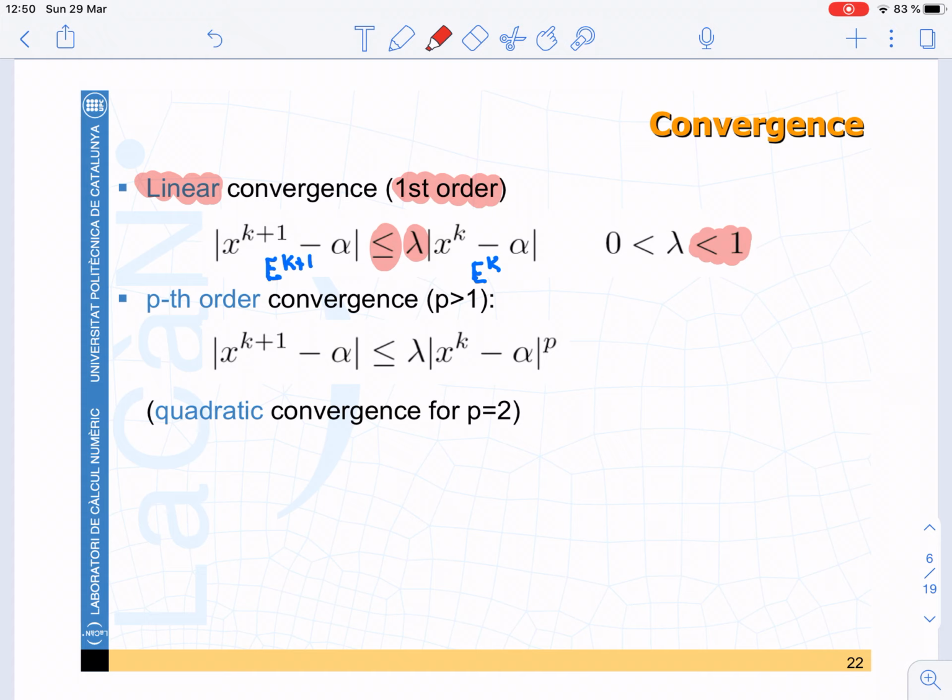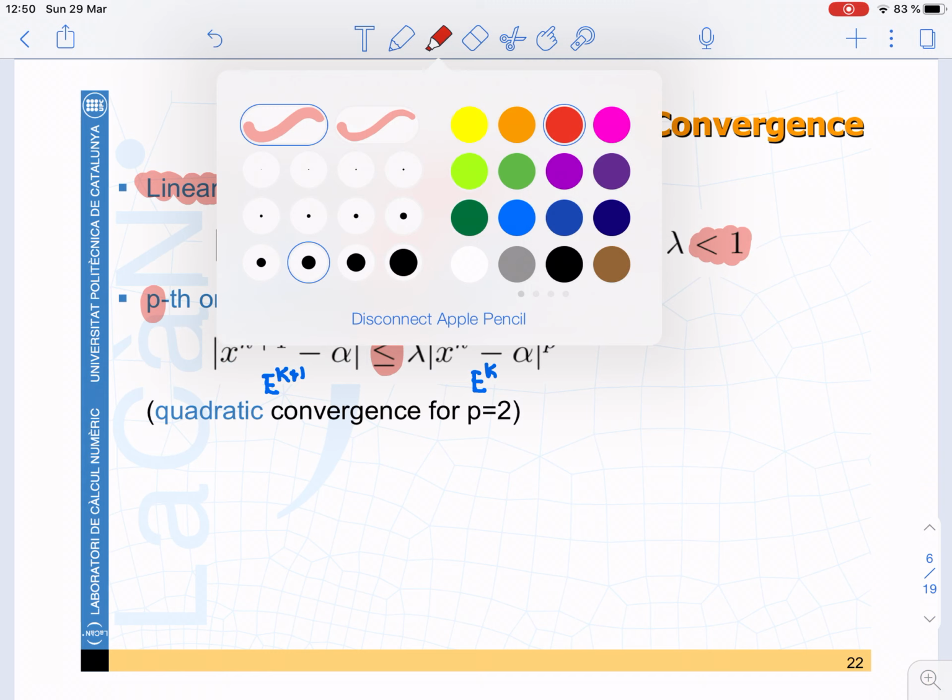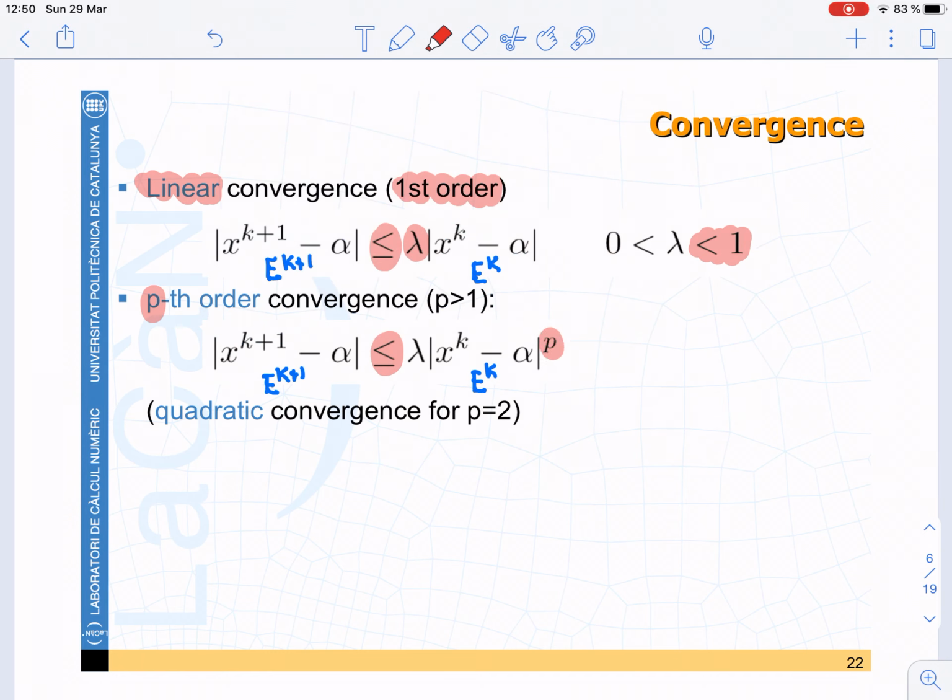Whereas we say that the convergence is of order p if the error k+1 and the error k are bounded like this with power p here.